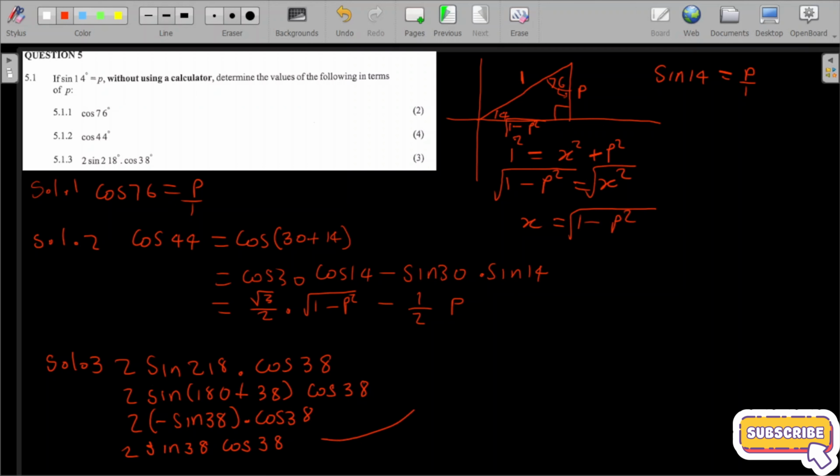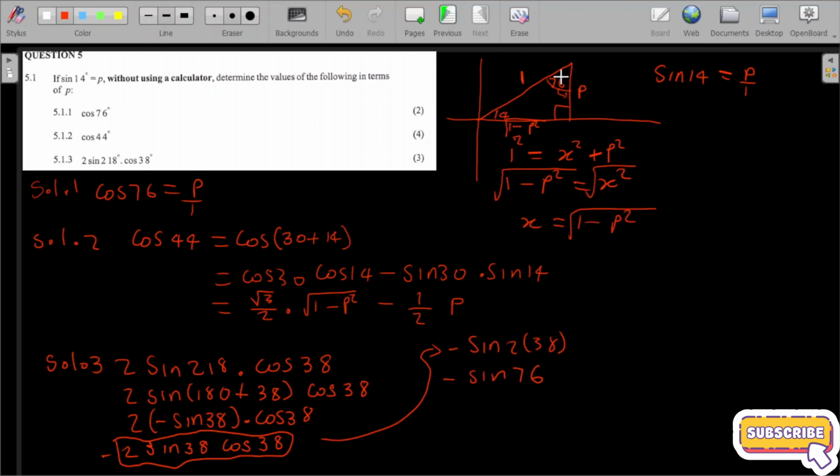This is just a double angle, and remember it's negative. Now this part here is a double angle, so it's just negative sine of 2 times 38, which is negative sine 76.